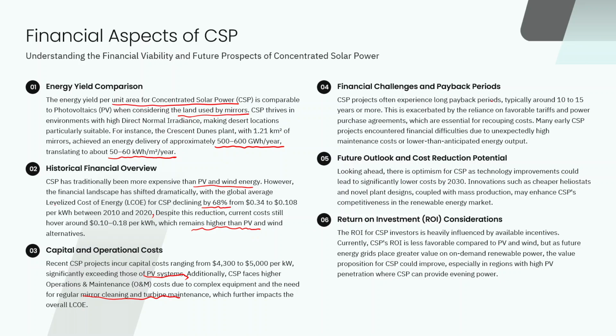Because of all these things, the payback periods are a little bit longer than the PV, typically around 10 to 15 years or more for this type of technology. The research is going on to improve concentrated solar power technology, and in future there could be significant cost reductions in this area.